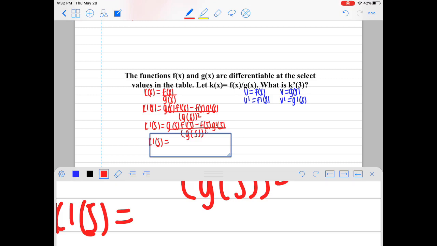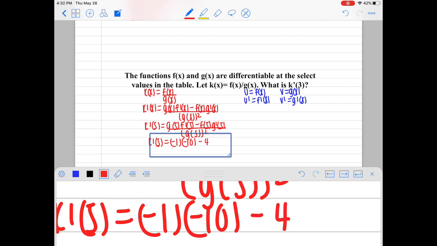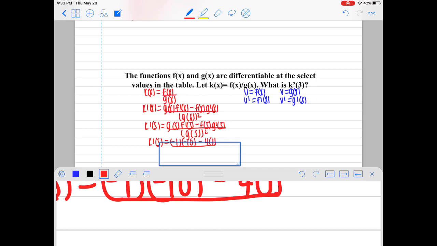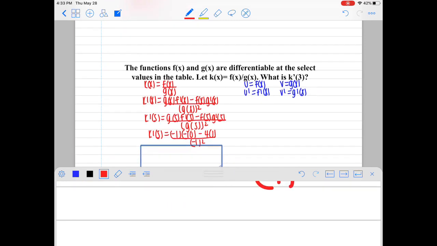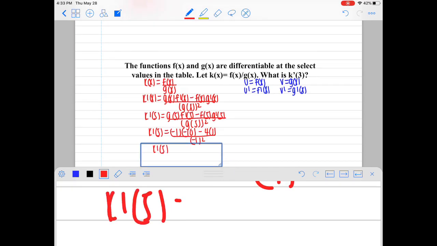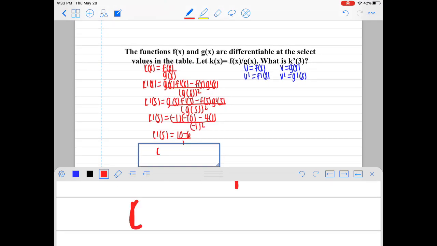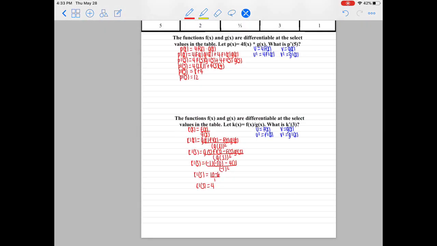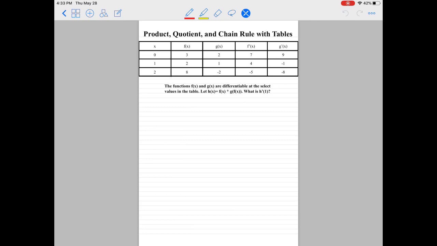So that's going to be negative 1 times 10 minus 4 times 1, all divided by negative 1 squared. And that is going to get us 10 minus 6 over 1, which is just going to be 4. So in the second example, it utilized the quotient rule as shown.